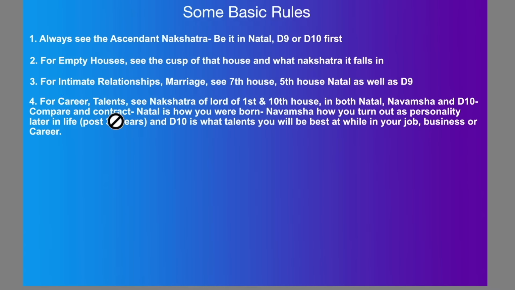Compare and contrast. Natal is how you were born. Navamsha is how you turn out as a personality later in life, post 32 or 36 years of age. And D10 is how you will be using the nakshatra talents in your career, in your business, in your job. So this being the basic set of rules and introduction, let's get started.